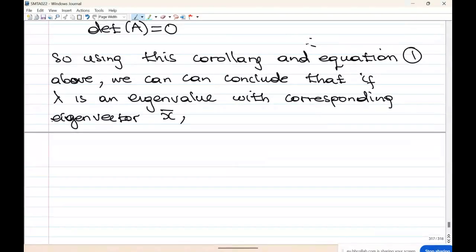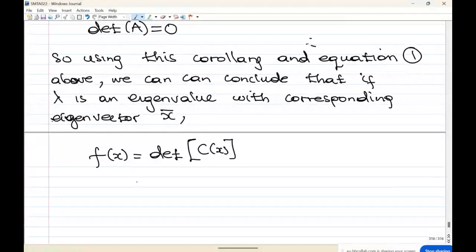So now, you and me, we agreed on Wednesday that you can come up with the characteristic equation, or you can call it the characteristic polynomial. It's where we find the determinant of that Cx, if you still remember. On Wednesday, you and me, we did something like this. You said f of x will be equal to the determinant of this Cx, and Cx is equal to A minus lambda I, if you still remember that, colleagues.